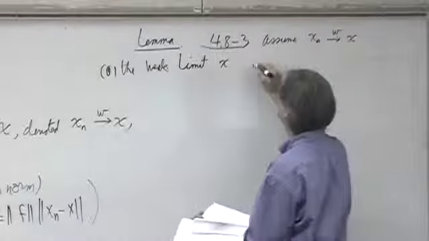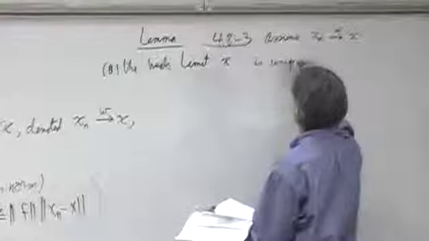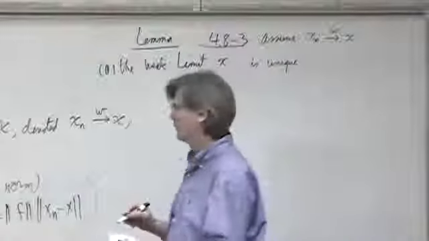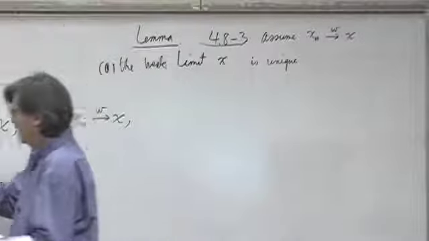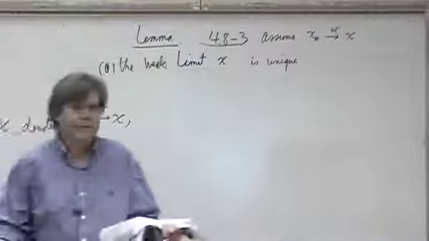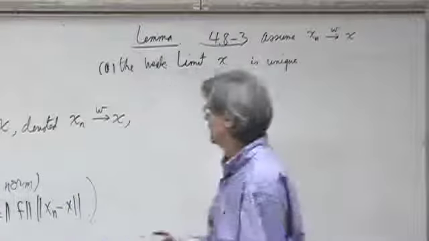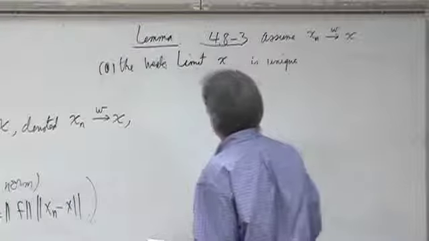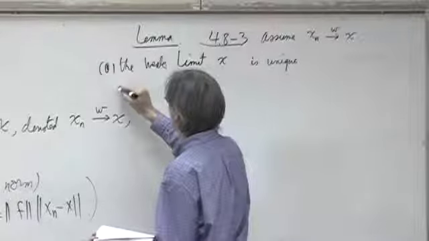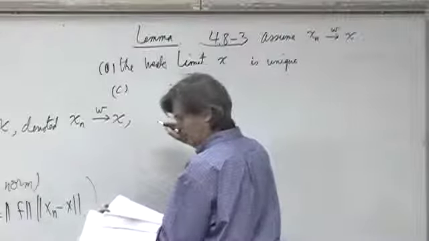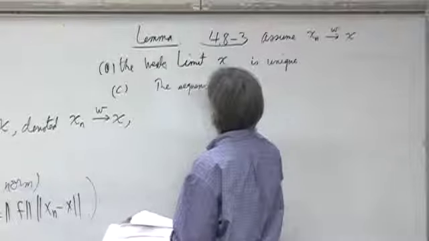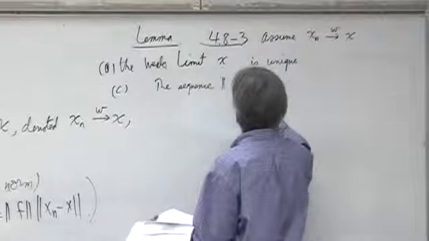A, the weak limit x is unique. Okay, it can't converge weakly to two different things. Well, maybe you could pretend that. You have your sequence, and maybe there's two different limits x and y. Maybe that would be possible. And then C, the important part, the sequence is bounded in norm.